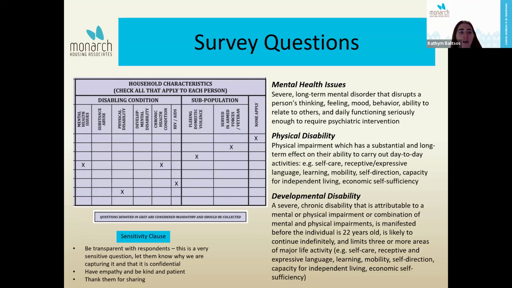So if you ask the person you're interviewing whether they have any disabling conditions such as mental health, substance abuse, physical disability, developmental disability, and so on, and they say none, and they're not fleeing domestic violence or a veteran, you'd put none apply for that person. But other members of their household might have some of these things apply. So you're going to want to ask these household characteristics questions for every member of the household.